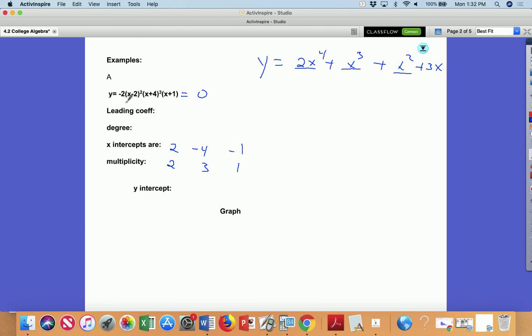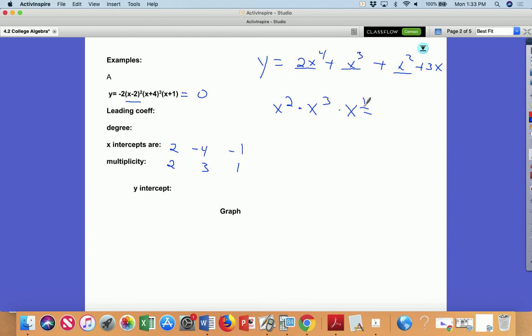If you had to multiply this all out, I'm going to ignore all of the numbers that are not variables or powers. So this would be x squared, this would be x cubed. Again, I'm ignoring the 4 and the negative 2 and the negative 2. What would you get if you multiplied that all out? x to the 6. So your degree is 6, right?